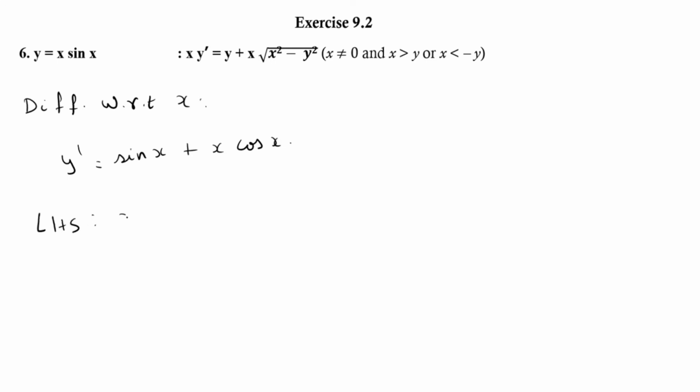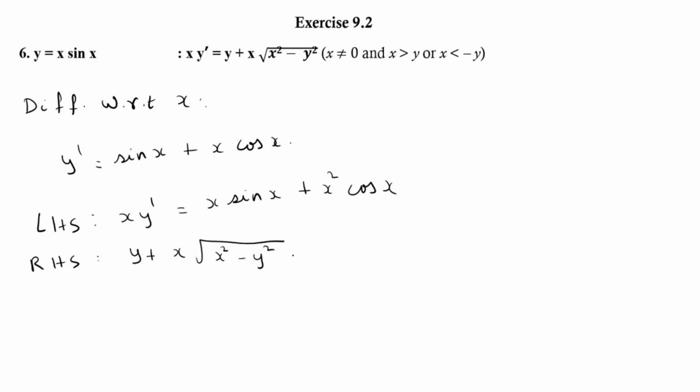The left hand side of the differential equation is xy dash, that is equal to x sin x plus x square cos x. Now let us consider the right hand side of the differential equation. The right hand side is y plus x root of x square minus y square. So here we have to check whether it satisfies or not.